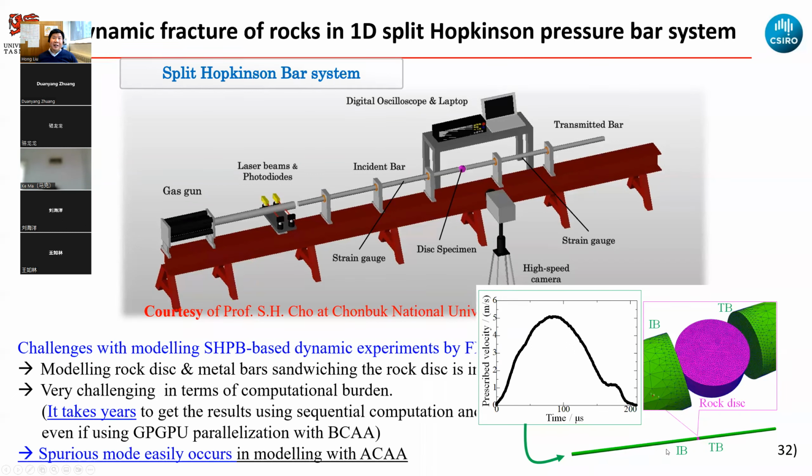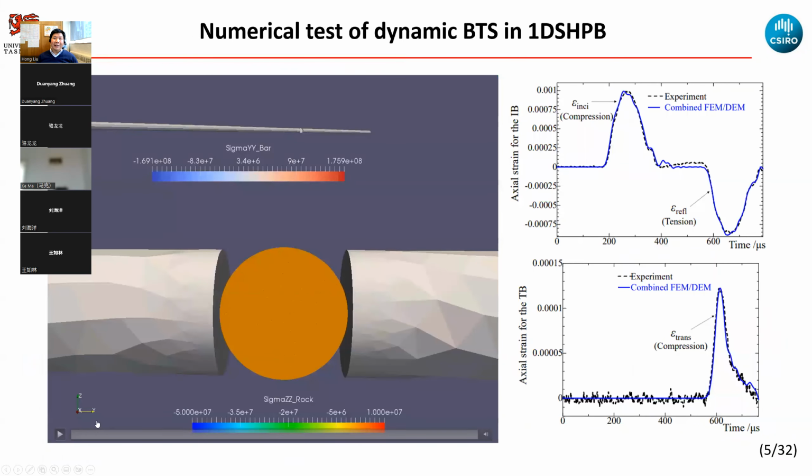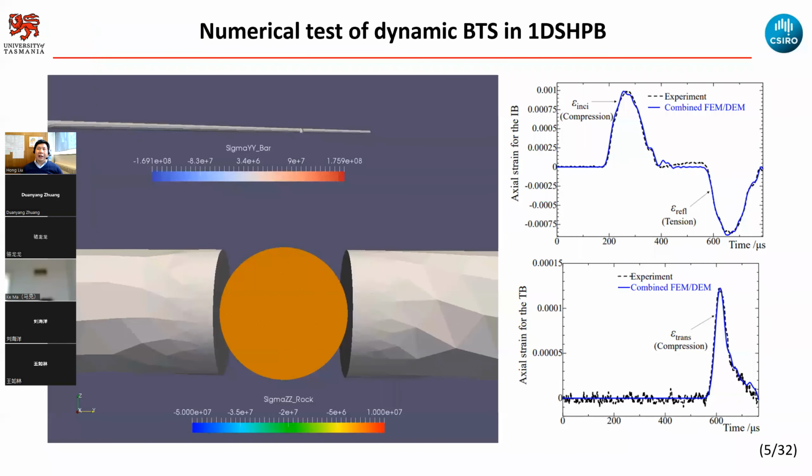For the bars, since they only have elastic deformation, we use rather coarse meshes. At the end of the input bar we apply a dynamic impact. Here are the results; I'll show you in the video.